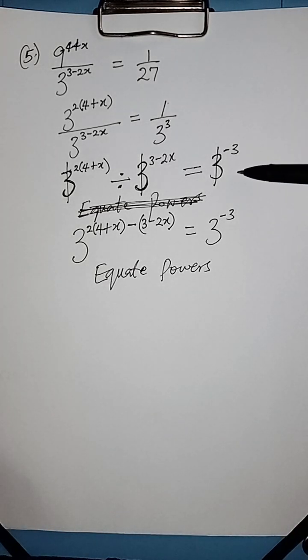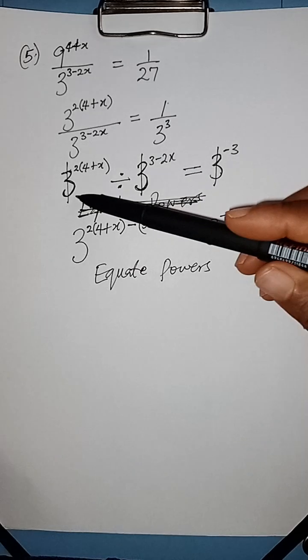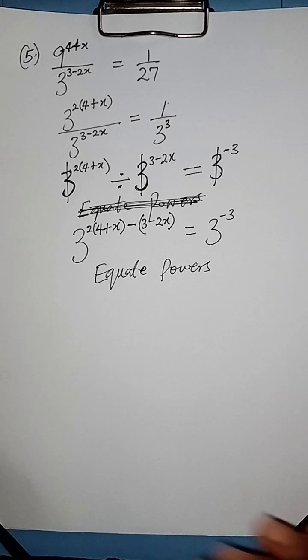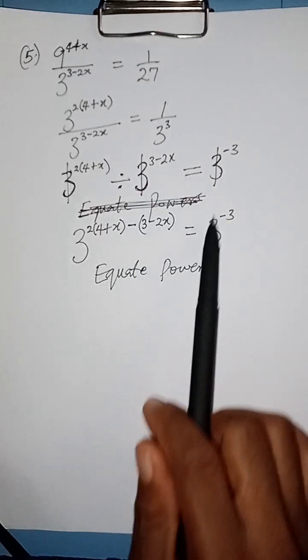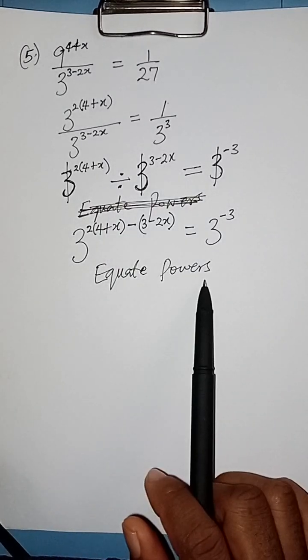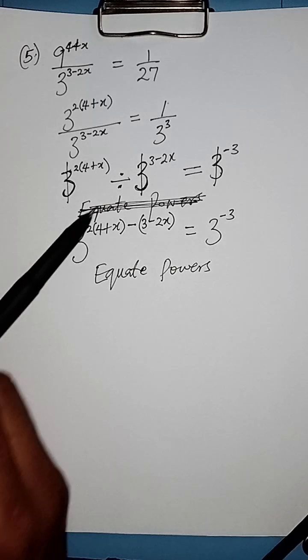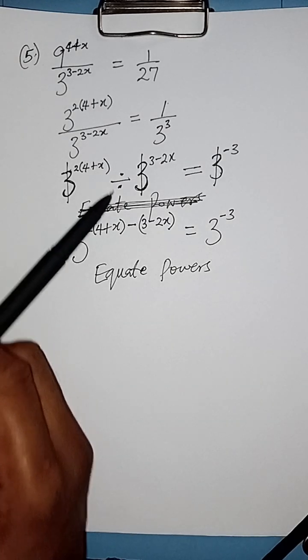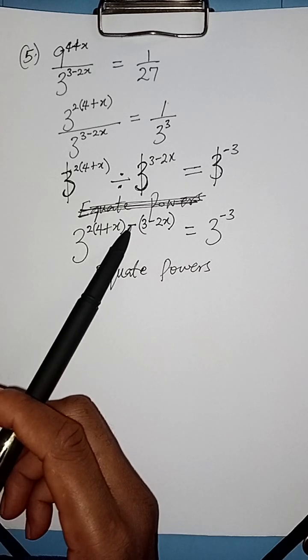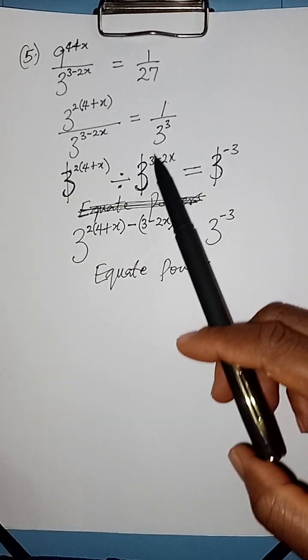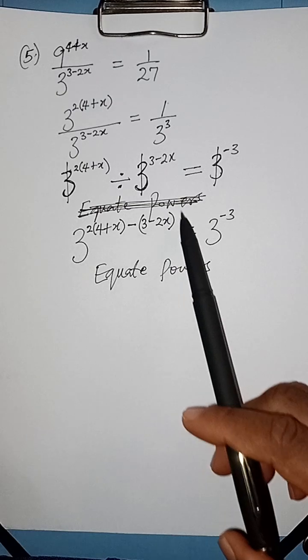But if you check this step, the bases are 1, 2, 3. So at this point, do not equate the powers yet. But when you take the next step, then you can equate powers. But now notice what I did. Division in indices means subtraction. So minus the power. I have here 3 minus 2. Put them in brackets.